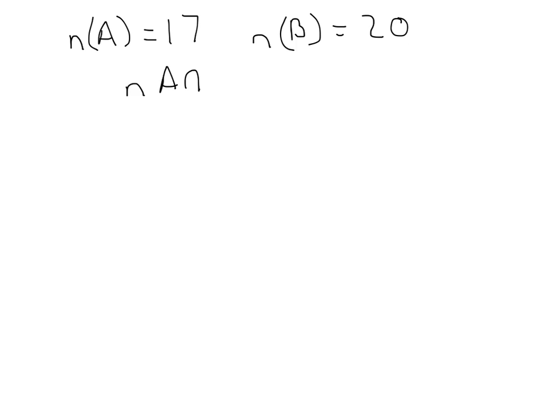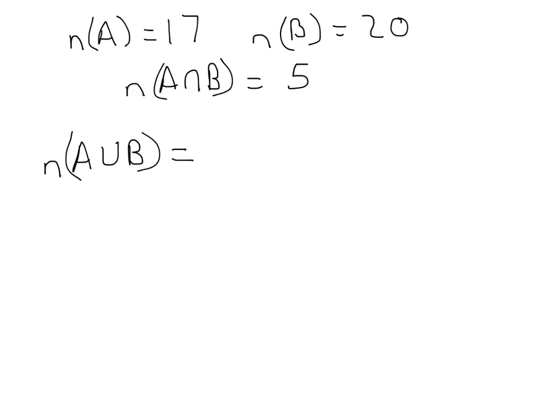And that can be said without actually knowing the sets. So for instance, if I know that the cardinality of A was 17 and that the cardinality of B was 20 and the cardinality of their intersection is 5, then you can use the formula to find the cardinality of the union.